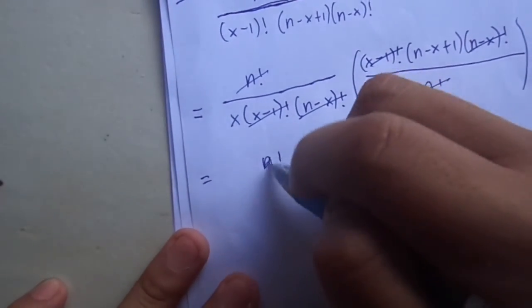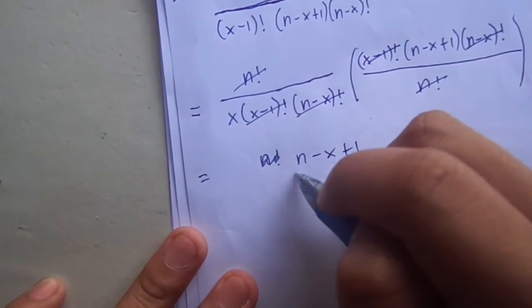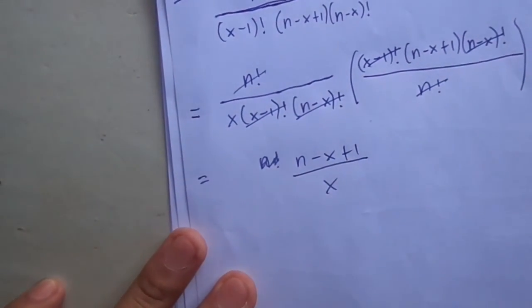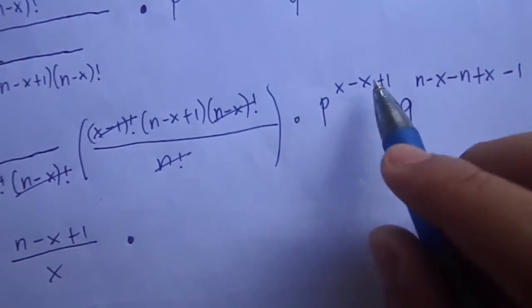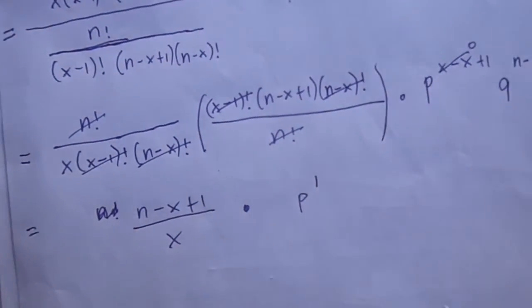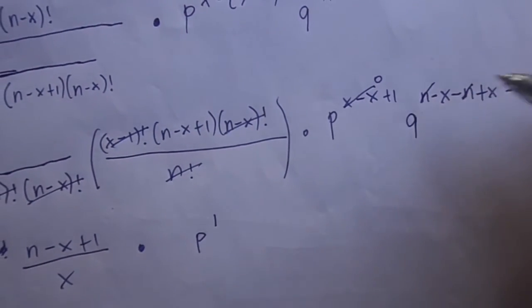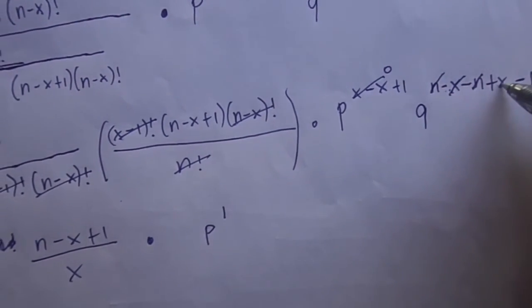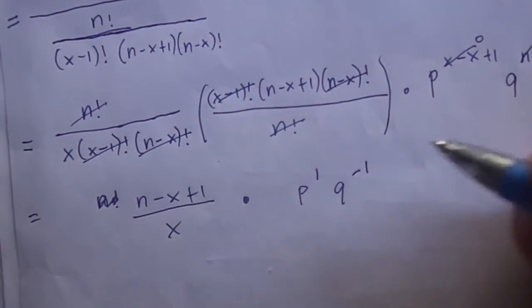So we have now n minus x plus 1 over x times p to the power of x minus x equal to 0. So we have p to the power of 1, n minus n is equal to 0, negative x plus x equal to 0. So we have q to the power of 1.